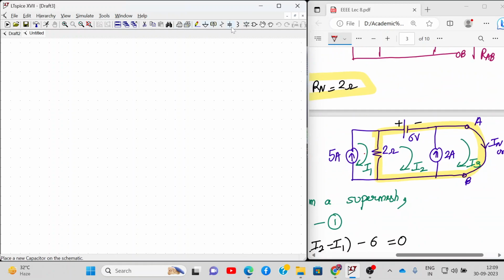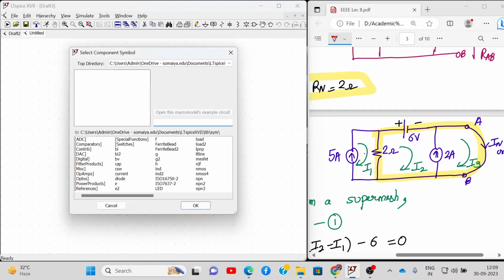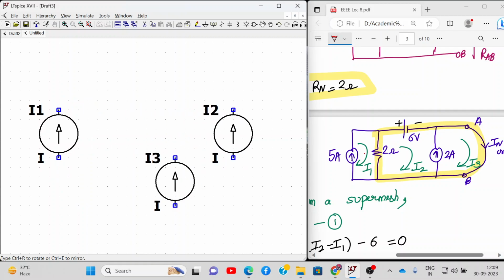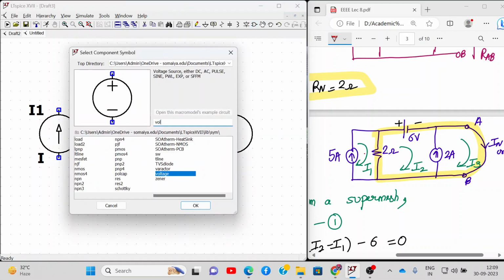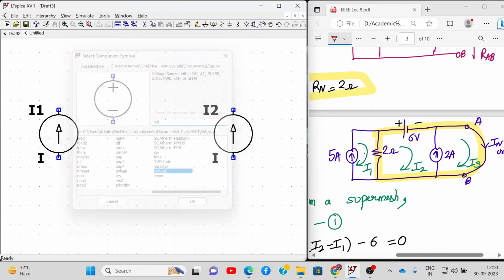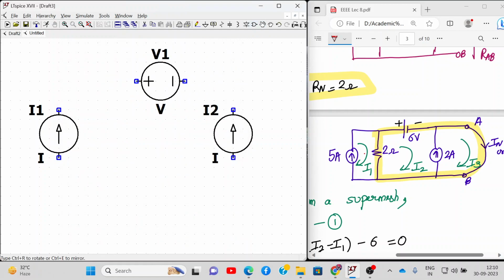Let me make the circuit over here. First of all, we have a current source. Direction is opposite, so press Ctrl R to change the direction. Then we have one voltage source over here. It is connected in this manner. Okay, so connected it over here.